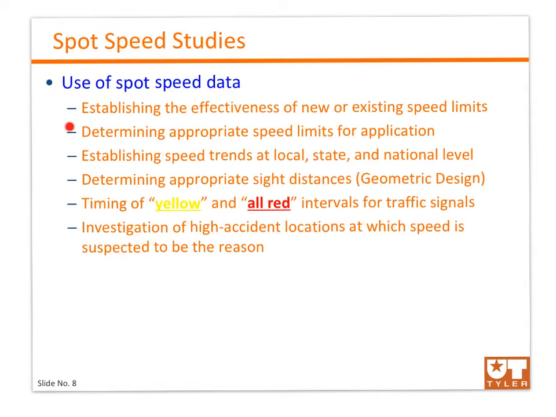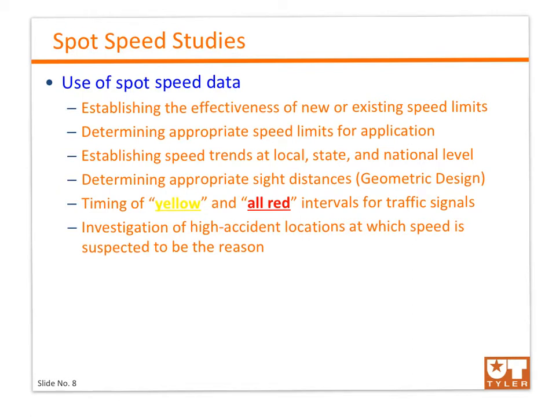We also use it to determine the appropriate speed limit for our applications. Third, we can establish speed trends at local, state, and national levels. That's very important, to know whether people are increasing their speeds beyond the speed limit, or is it less, from the local, state, and national perspective.